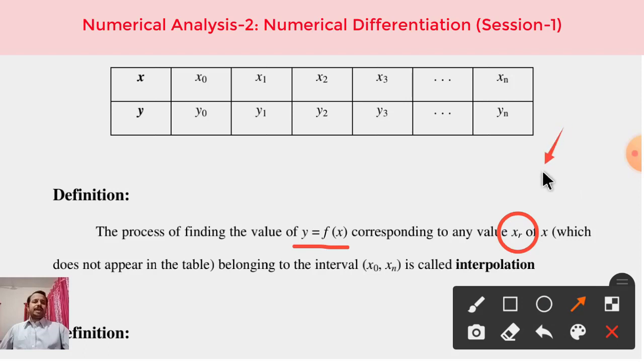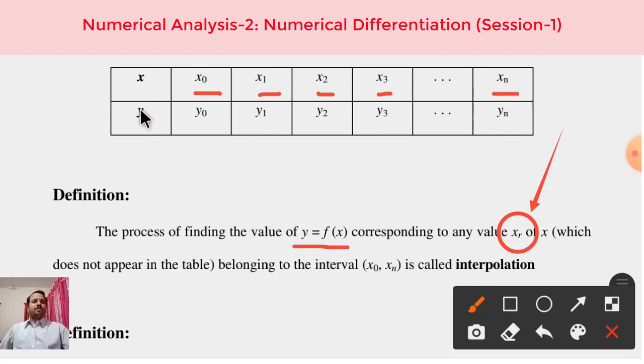Here xr is any value of x other than x0, x1, x2, x3, up to xn.